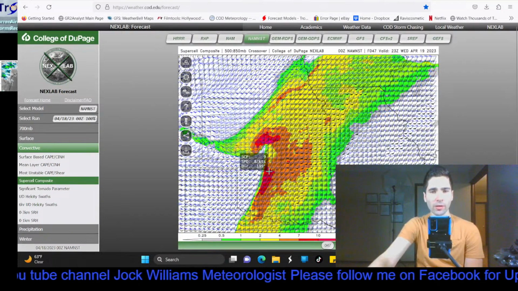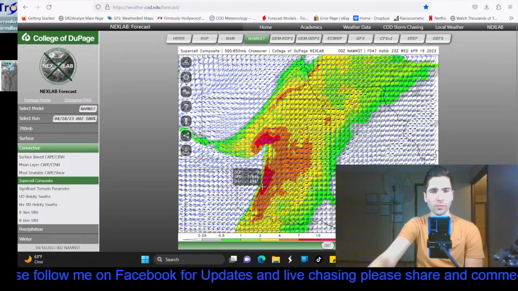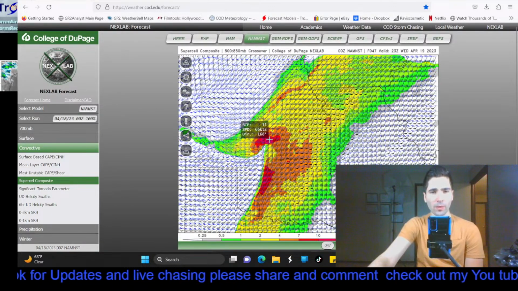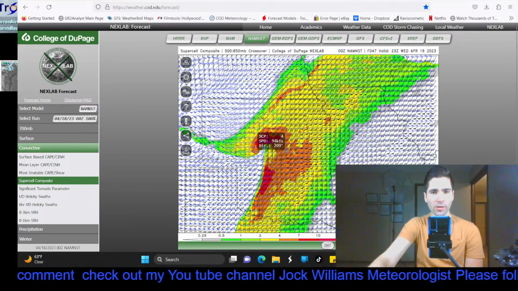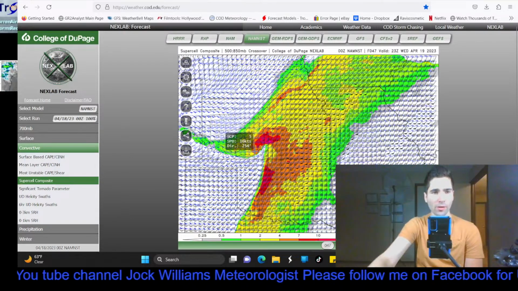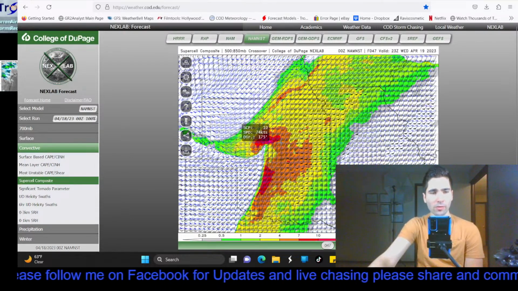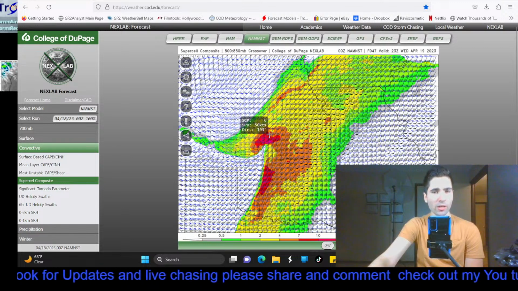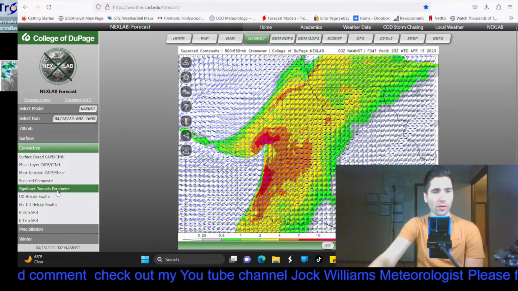Now, I don't usually like to look at the supercell composite index this early. But some of the numbers are decent, and they're pretty consistent with the other forecast models as well. So I really do like this setup. It's been trending upward the last few days, and it's been very consistent.